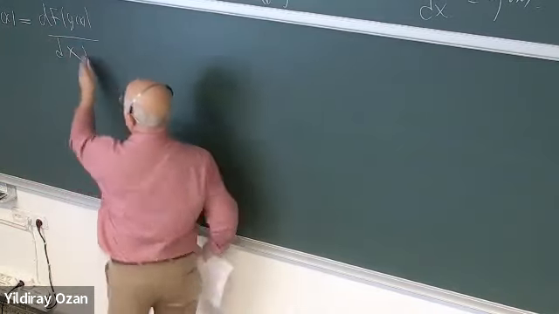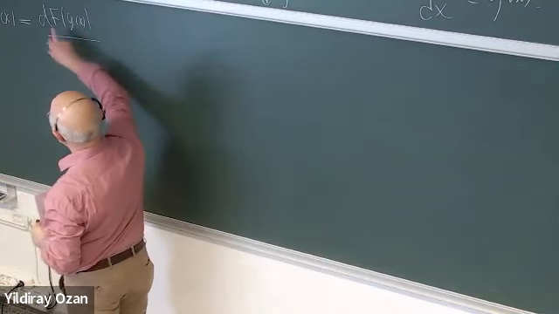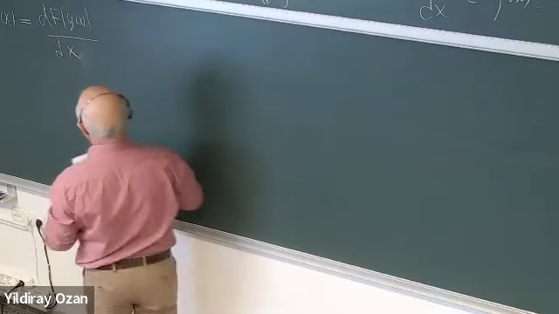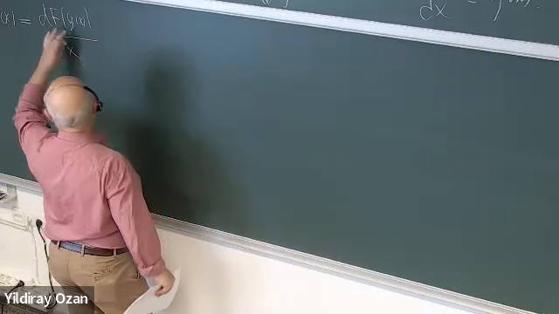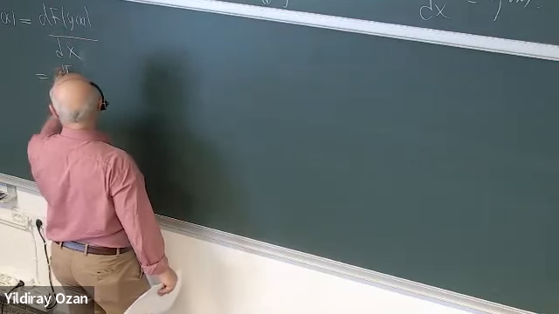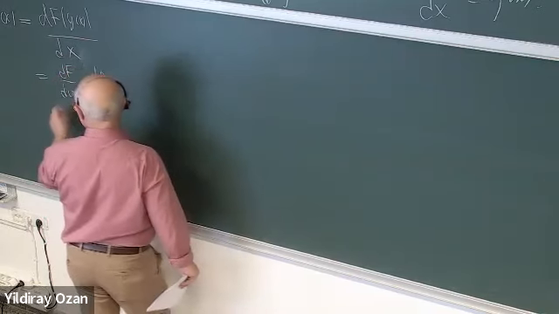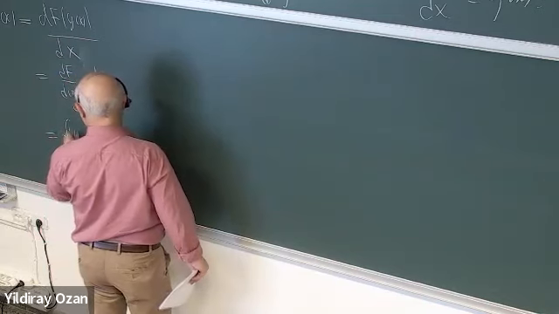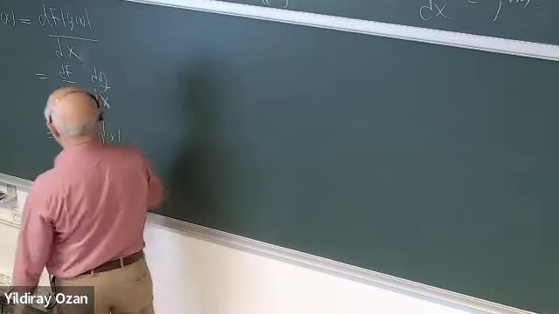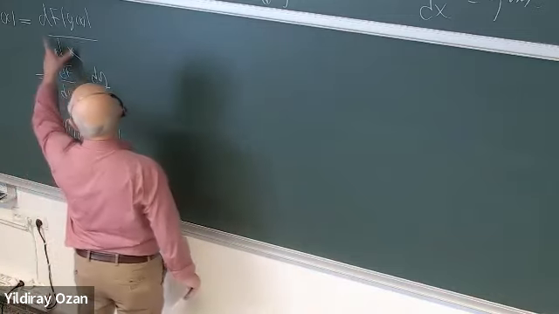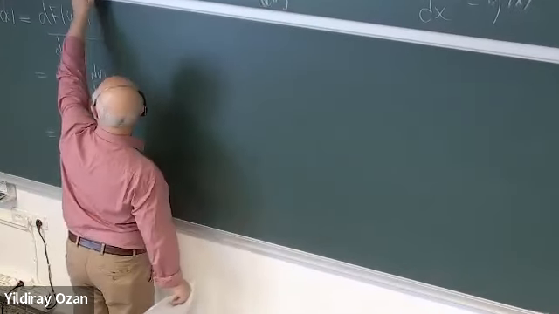Why is that? What is the derivative of this gadget with respect to x? Well, I apply chain rule. This is just derivative of F with respect to y first, and then derivative of y with respect to x. But this thing is just little f of y, and this is just y prime of x, right? So I can just replace this gadget by this thing.